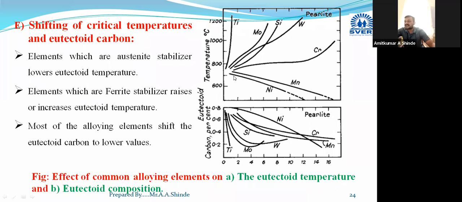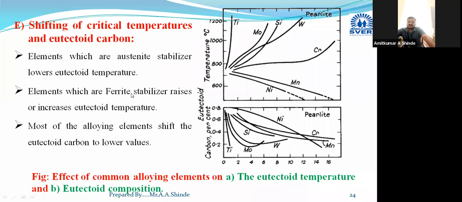And when austenite stabilizers like nickel, manganese, copper are added, then what will happen? The eutectoid temperature will decrease, as austenite stability will be more. Okay, elements which are austenite stabilizers, when added in the steel, lower the eutectoid temperature.